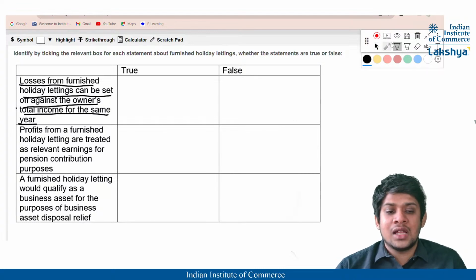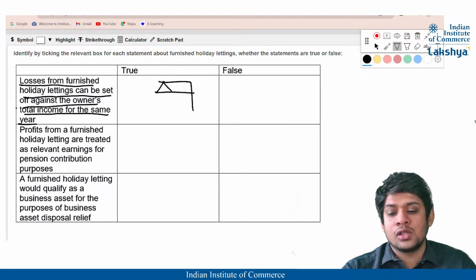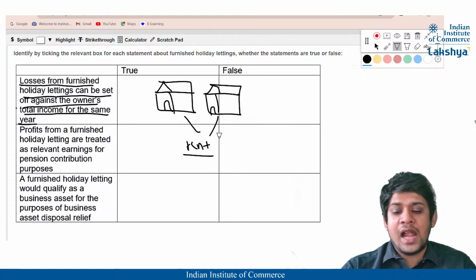So both are different. Whenever I'm taking the property income, remember all my houses. Say I have 2 houses, both given out on rent, so technically I will have property income from this. From one house I'm getting £5,000 rent per annum, and from the second house I'm also getting £5,000 per annum.